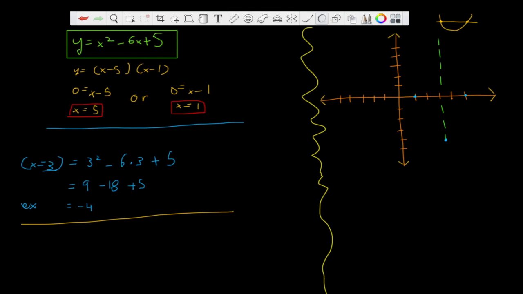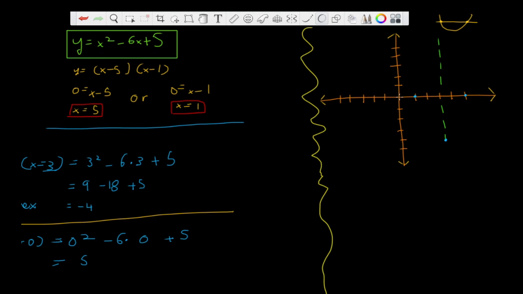So again, we can just do y, brackets x is equal to 0. So when x is equal to 0, we do 0 squared minus 6 times 0 plus 5. So this is equal to 5. Therefore, the y-intercept is 5.